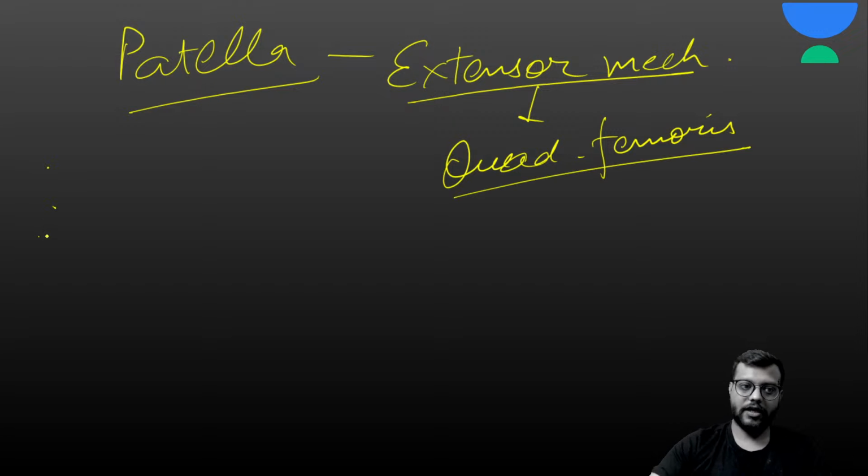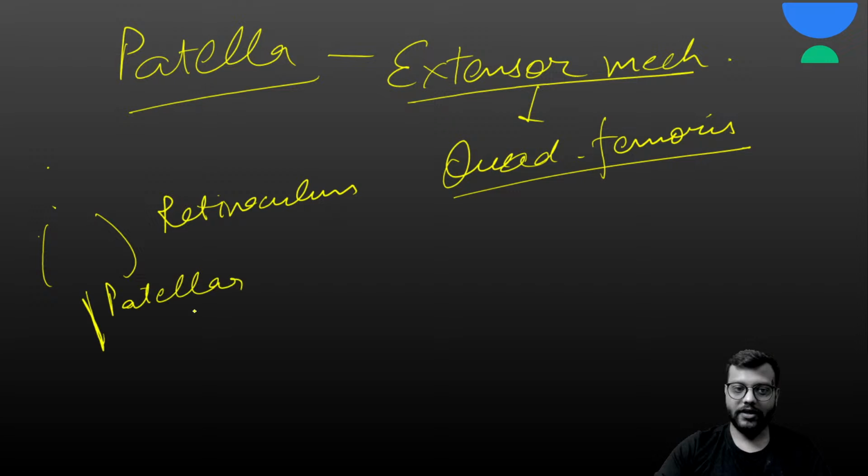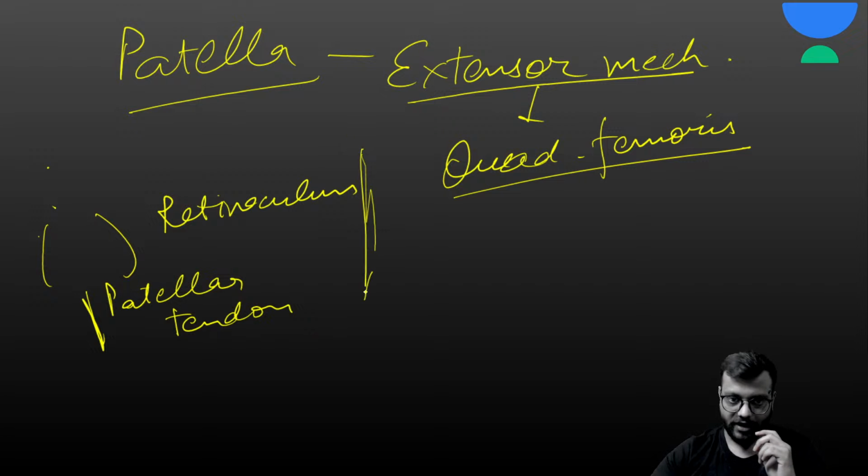Below the patella there are two patellar retinacula, and the patella is attached to the tibia with the help of the patellar tendon, and this is your extensor mechanism.